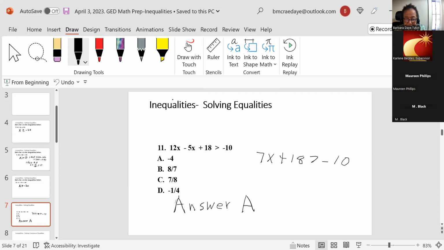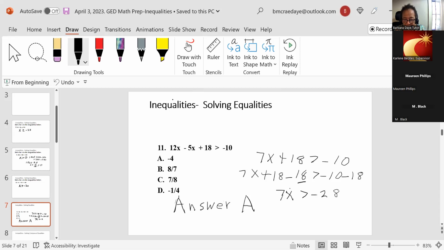Then we subtracted the 18 from both sides. So that gives you 7x plus 18 minus 18, greater than minus 10 minus 18. Plus 18 minus 18 is 0, so that would be 7x greater than minus 28.